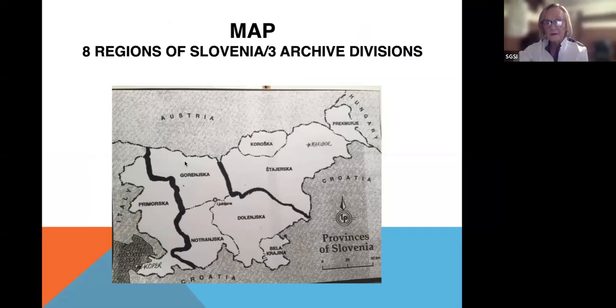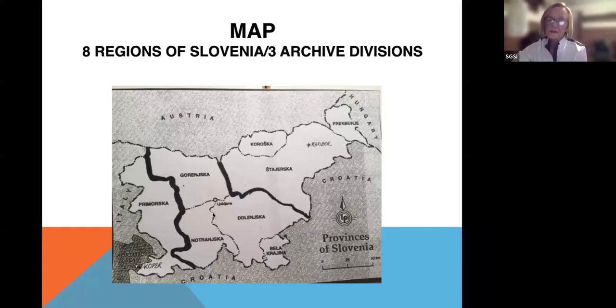That would be all the way up to the Austrian border, all the way down to the Croatian border. We have a couple of you in the Primorska area, with Koper being your archive. We have nobody this year in the Maribor archive area, which is this huge area over here, all the way to Hungary and Croatia and Austria on this end.